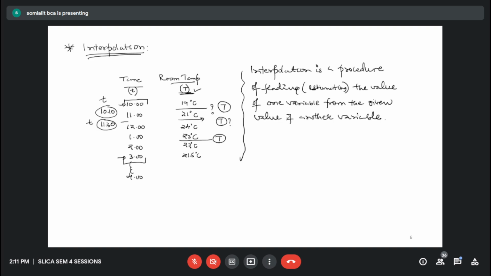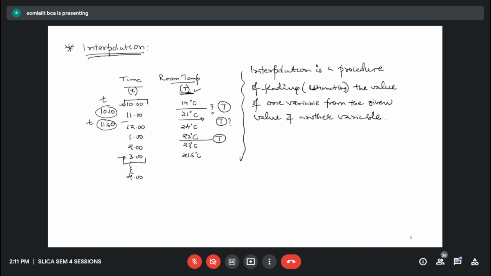Both ways you can do. You can do the reverse also in interpolation. If you are given a room temperature, you can get the corresponding time also. If you know one, the other can be predicted from the interpolation technique. It's a type of forecasting, more or less. Not exactly forecasting. In forecasting, you can predict the future value outside the range also.